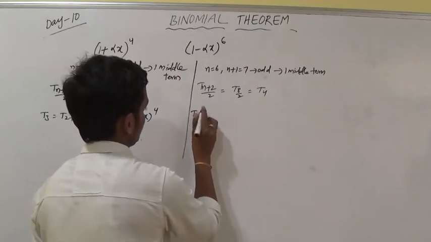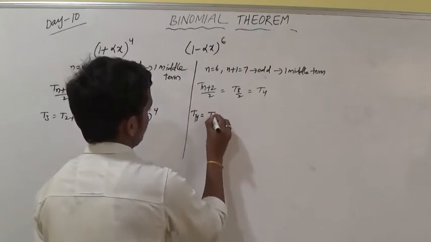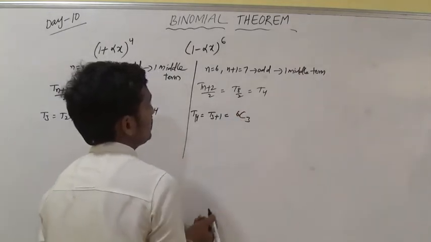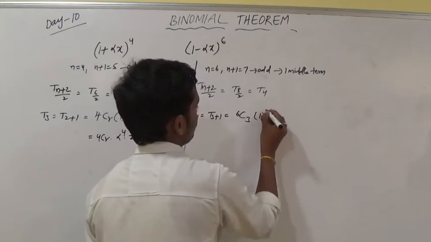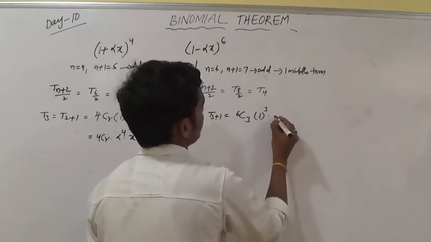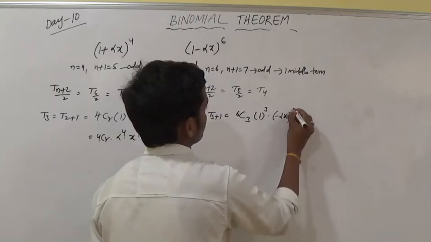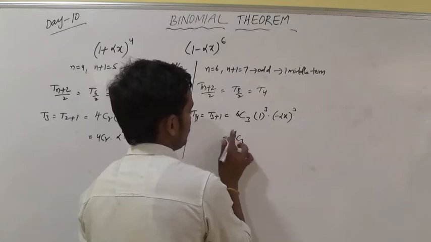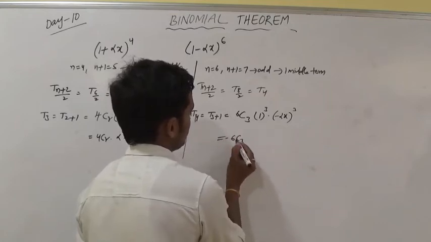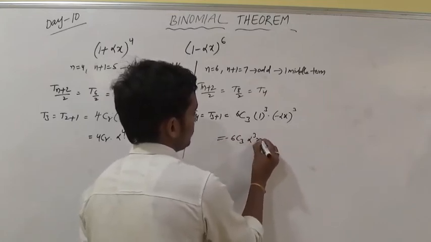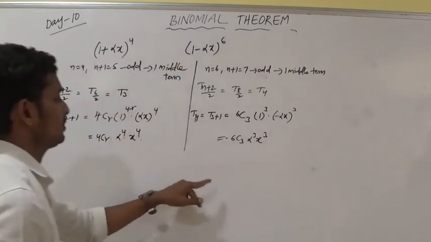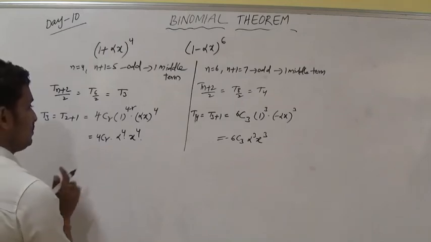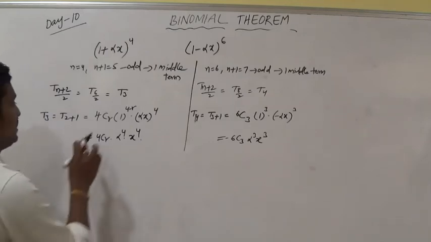T4 is equal to T(3 plus 1) is equal to nCr 1 to the power of 3 into (minus alpha x) whole, that is equal to 6C3 minus alpha cube x cube. Both are the same. The x coefficients are the same. So that means 4Cr. What is the value of r here? 2.